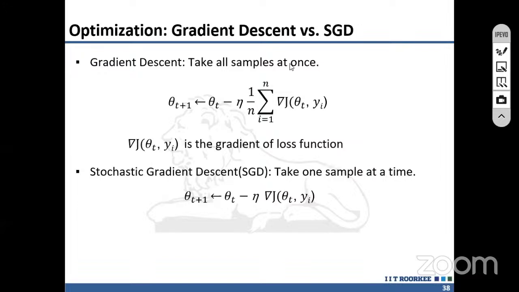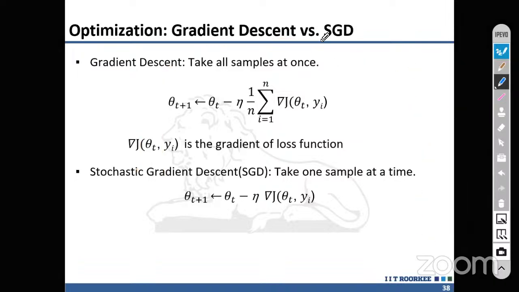Now in optimization, there are different optimization techniques. First, we were talking about gradient descent. If you remember, we discussed weight adjustment. What was the weight adjustment formula? Error is equal to 1/2 summation of (y minus prediction) whole square.